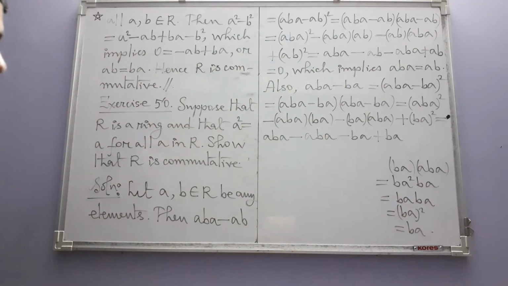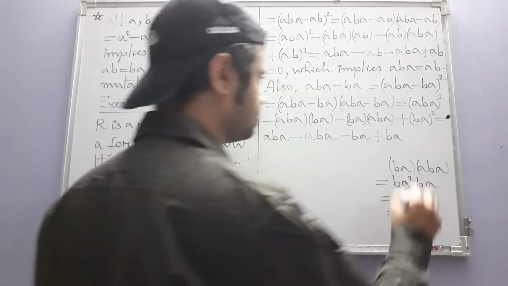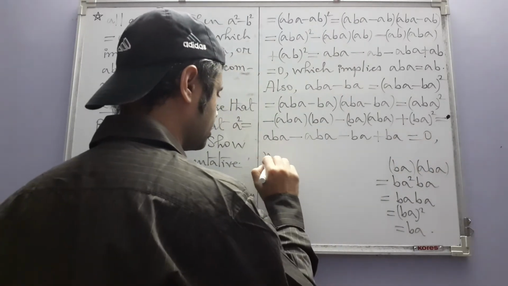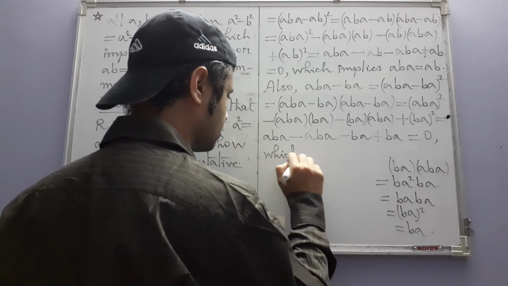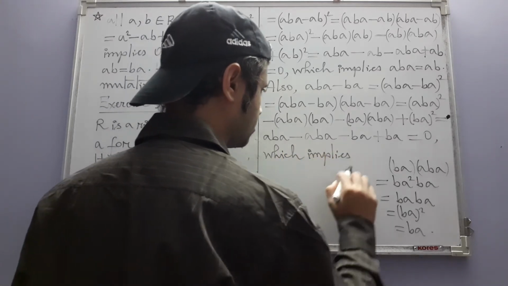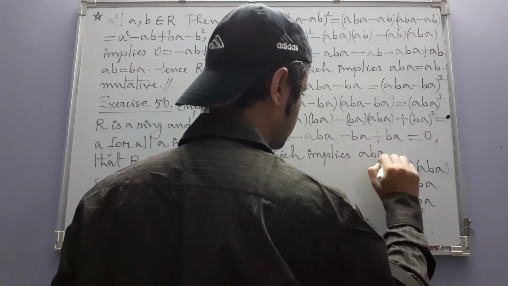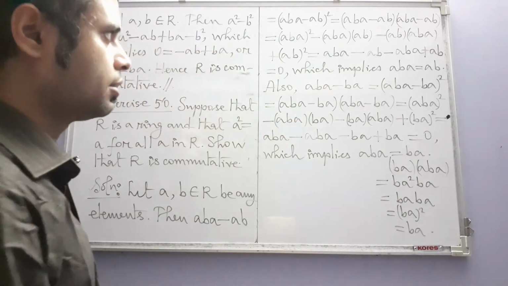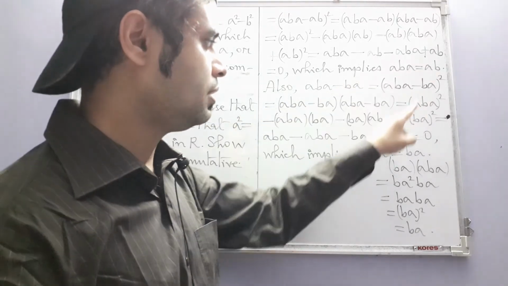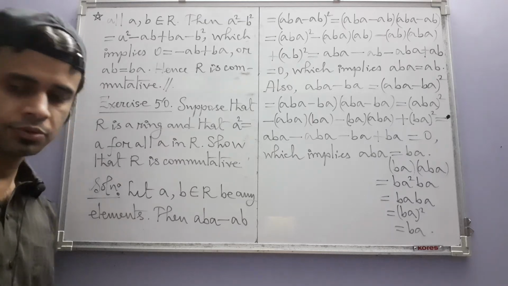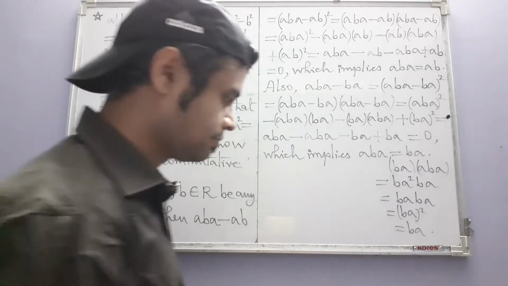Yes, again we are getting 0, which implies ABA is equal to BA. So ABA is AB as well as BA, so AB and BA are the same thing, and that proves commutativity.